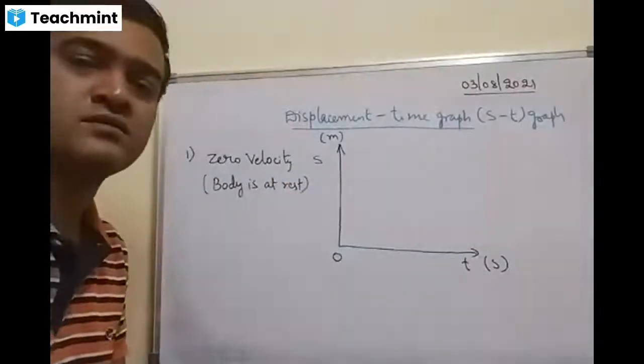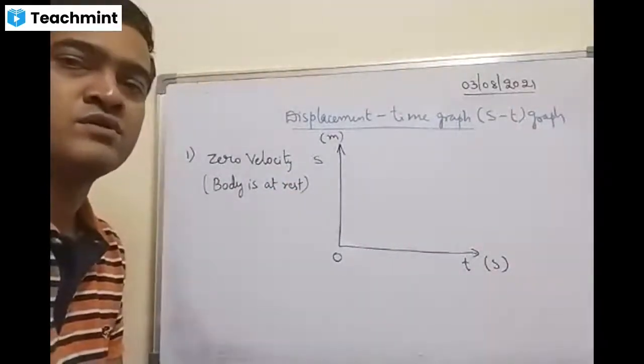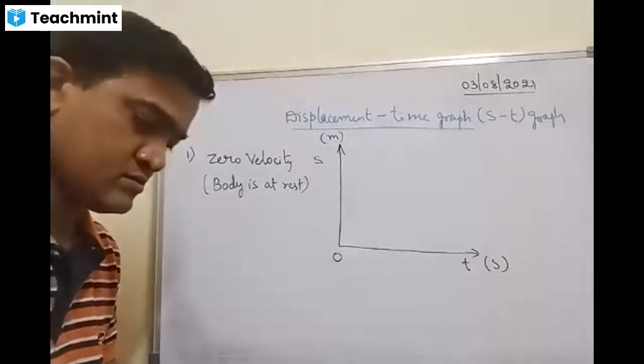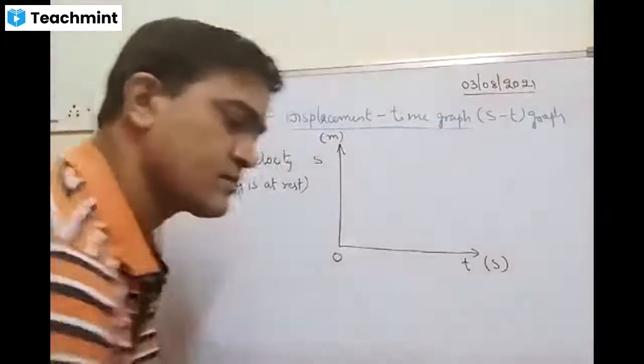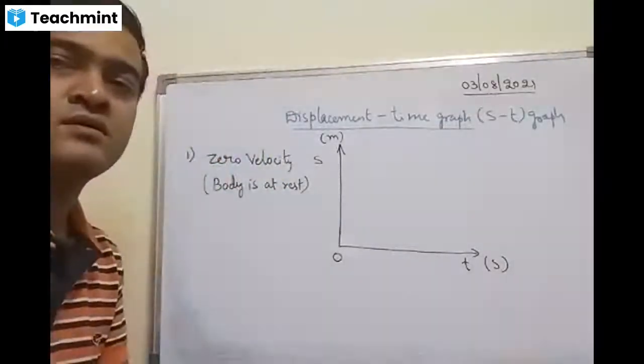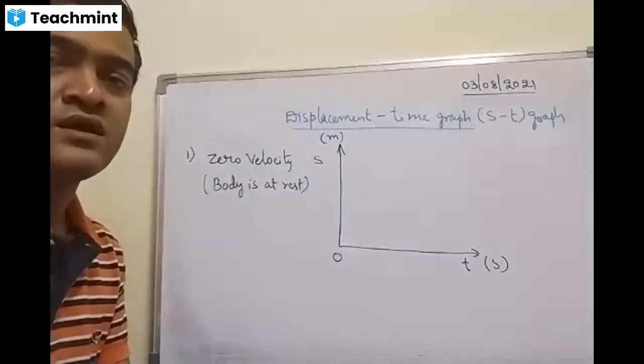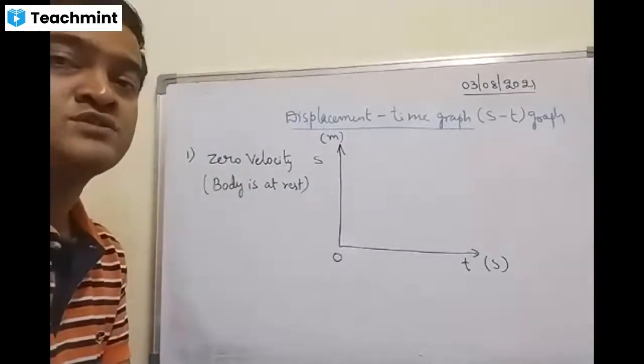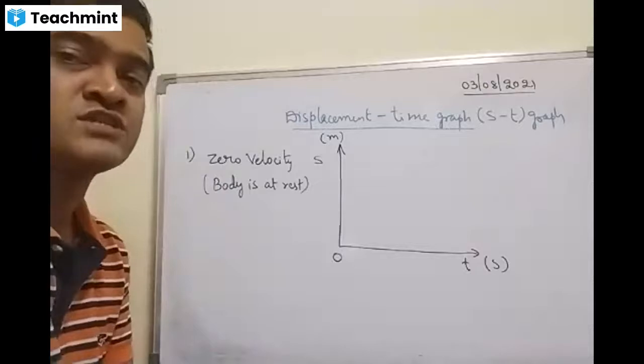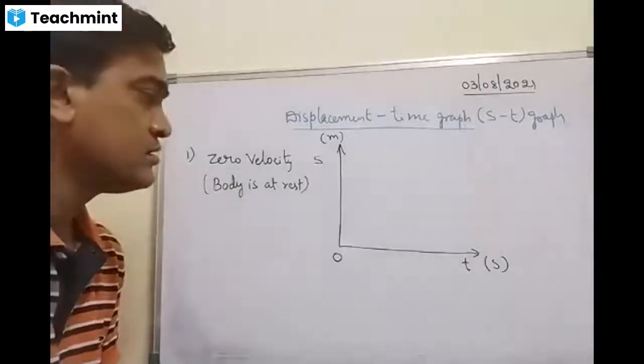Velocity zero, what is meant by velocity equal to zero? Body is at rest. Body will not change its position with respect to time.